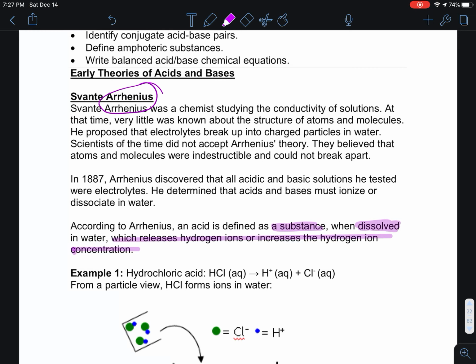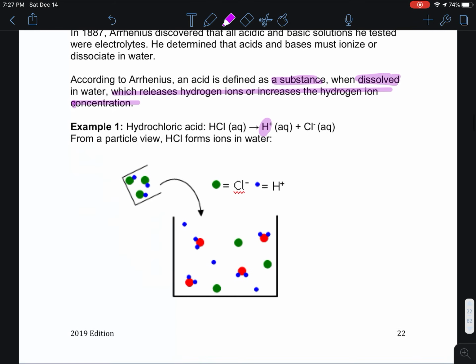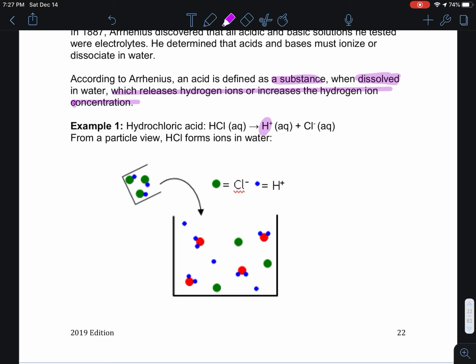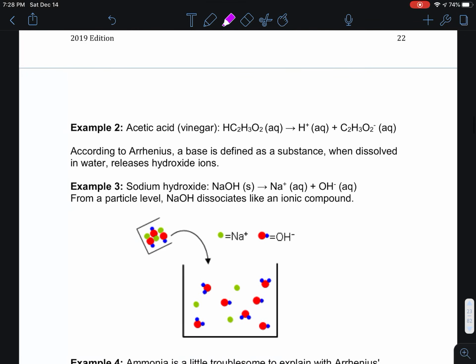So it's anything that releases hydrogen ions or increases the hydrogen ion concentration. So hydrochloric acid, of course, it is producing hydrogen ions, so it is clearly increasing the amount of hydrogen ions in solution. All right, acetic acid, also same idea.